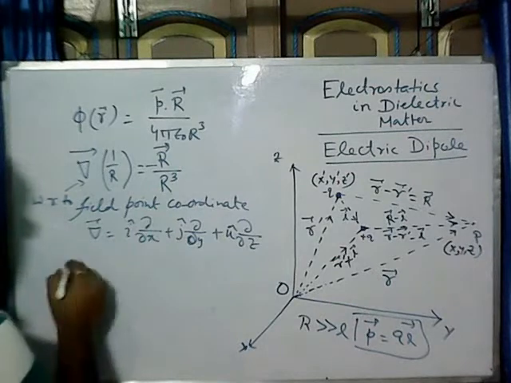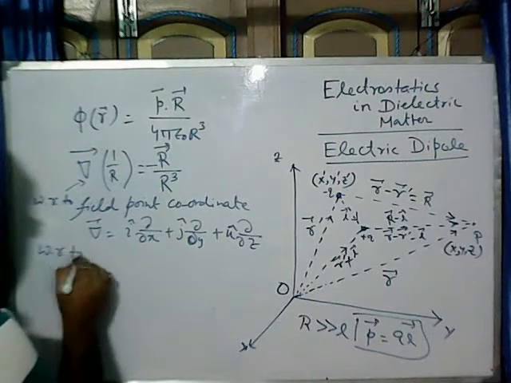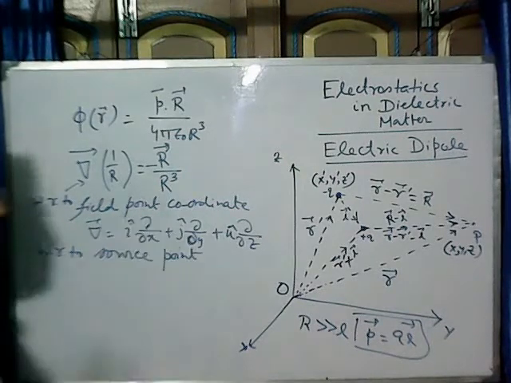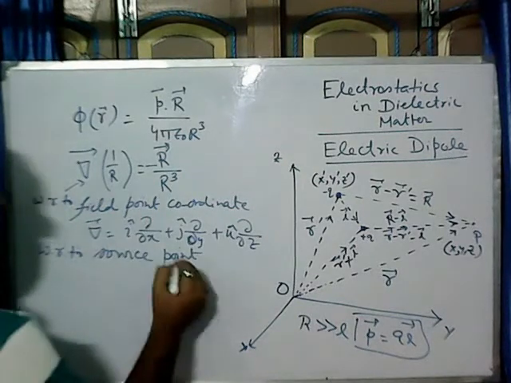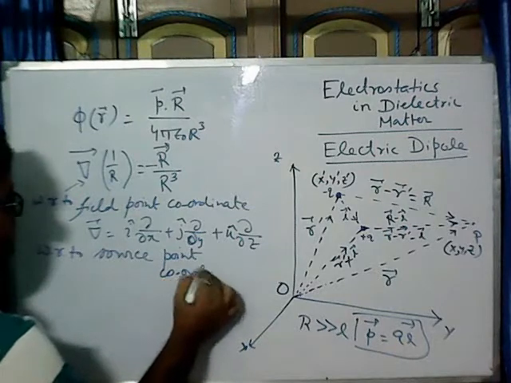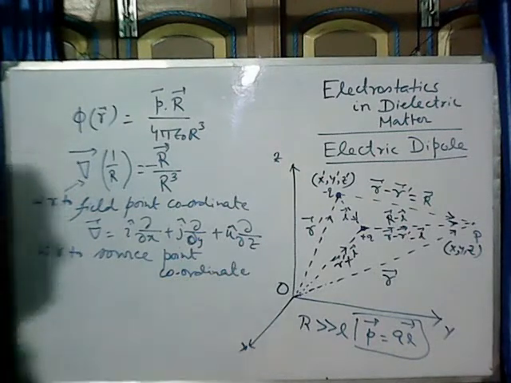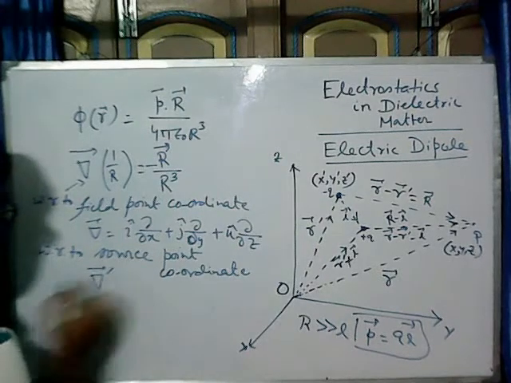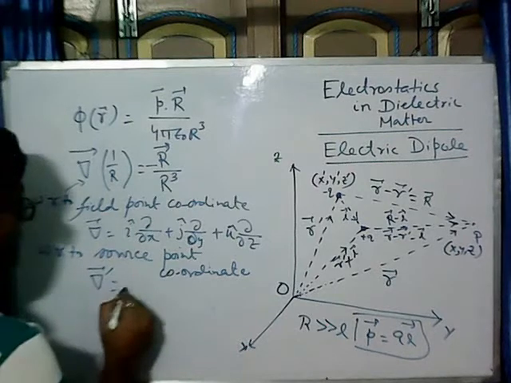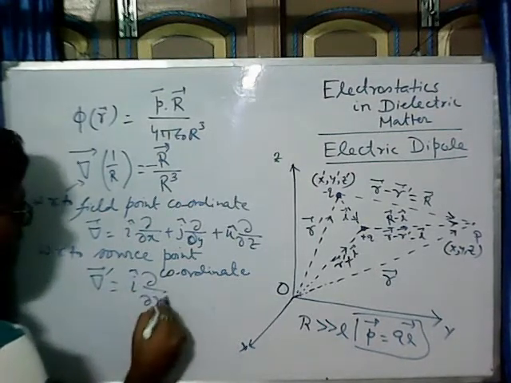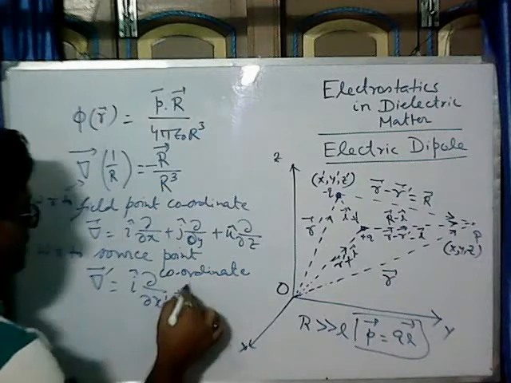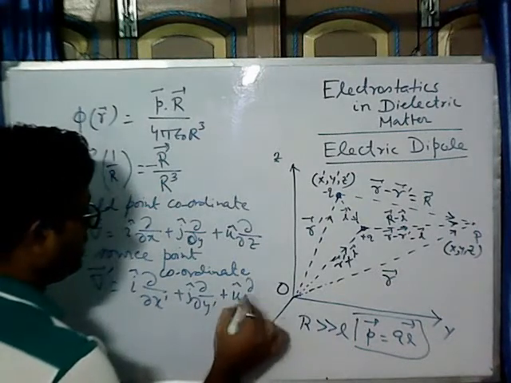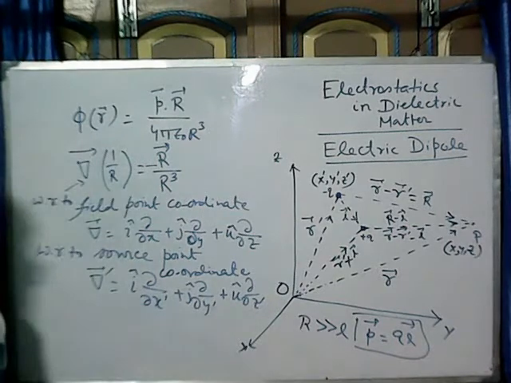If we want to write it with respect to the source point coordinate, then we have to write del prime, and del prime is i del x prime plus j del y prime plus k del z prime.